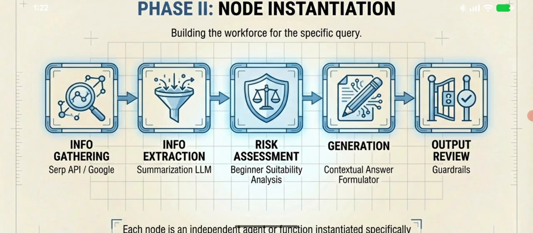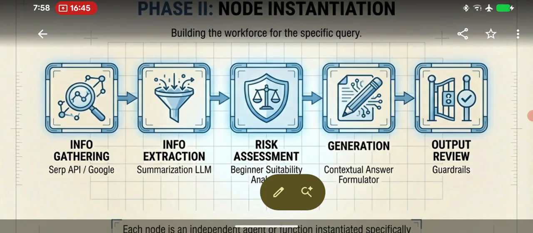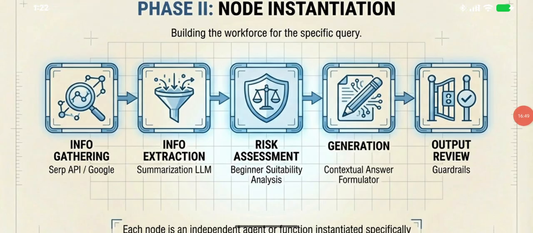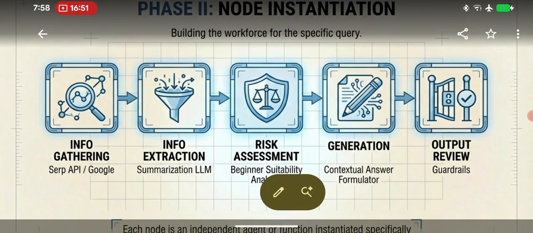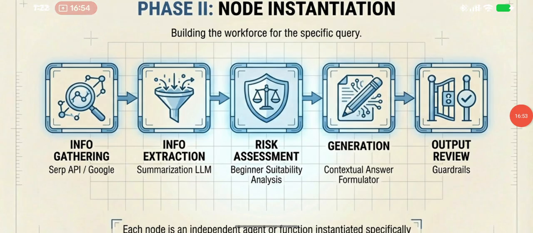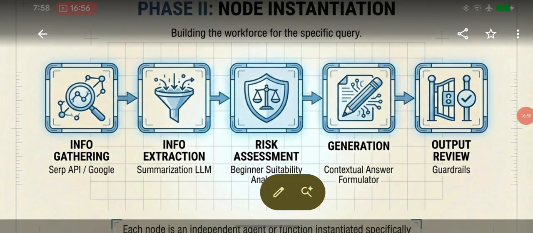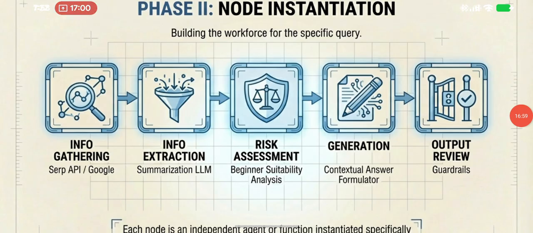Once the information is summarized and the score is high, it can go to another agent to do the risk assessment of whether it is really suitable for a beginner. If there is any content which is not suitable for a beginner, it needs to be trimmed.